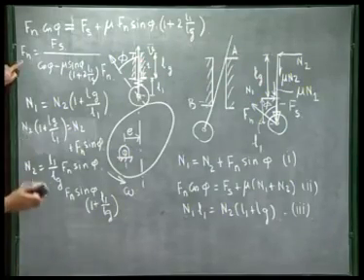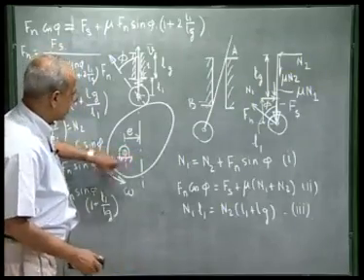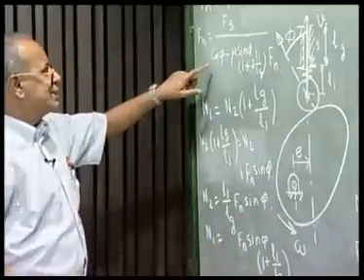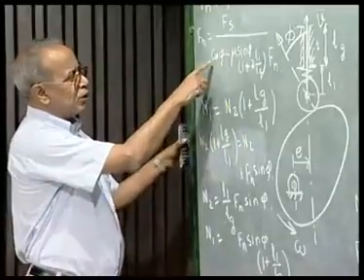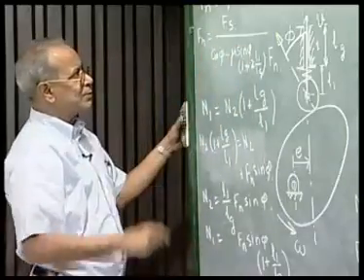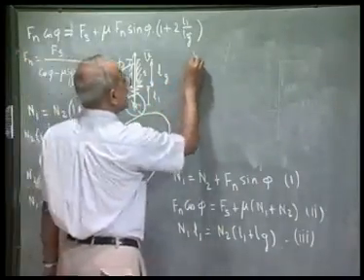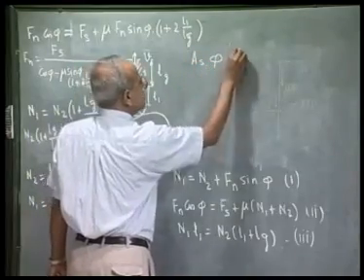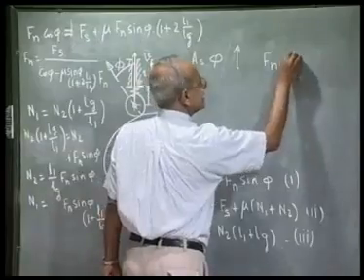So this is the driving force Fn, which ultimately this input member has to provide. Now what we see from this expression, that as phi increases, cos phi decreases and sin phi increases, so the denominator becomes small and Fn becomes too large. So as phi increases, Fn increases.